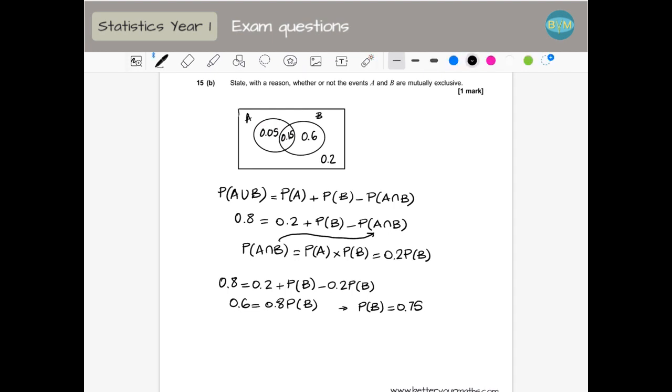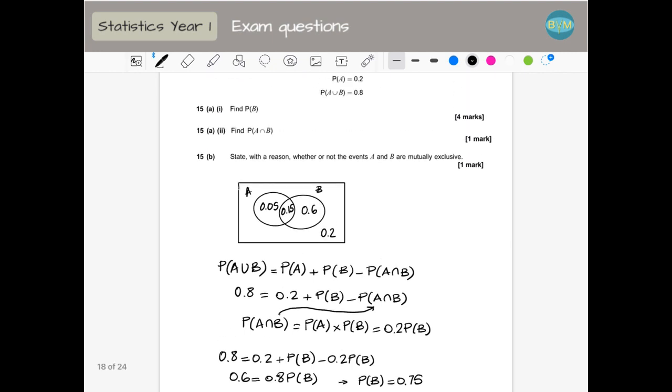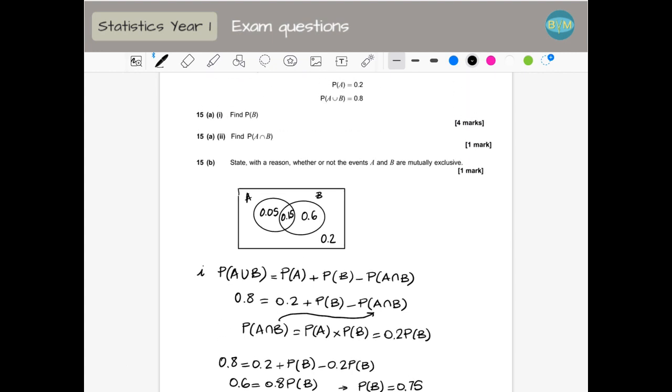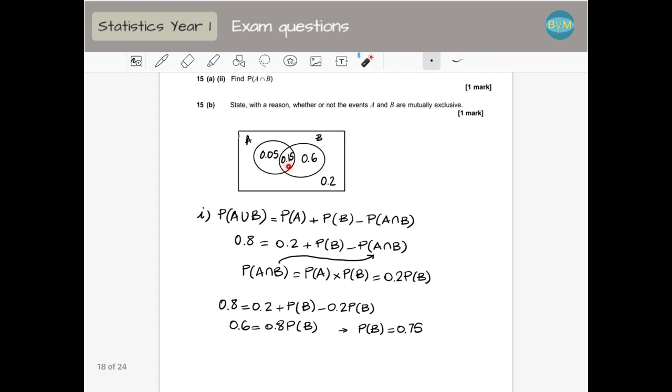So we have all the probabilities here. And then this is the first part of A. Second part is the intersection, probability of the intersection. So we have here 0.15, but we can use this one here.